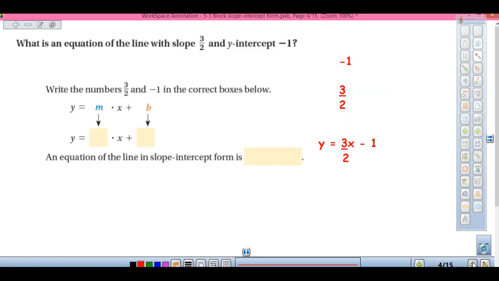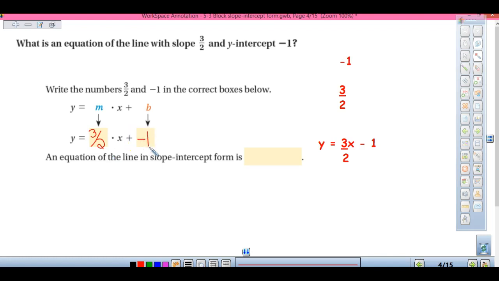It says our slope is 3/2 and our y-intercept is -1. So y equals, what's my m? 3/2 x plus, what's my y-intercept? -1.